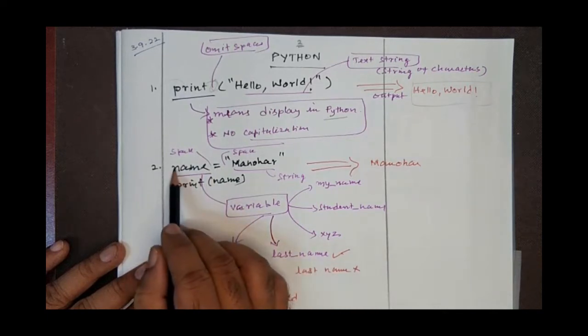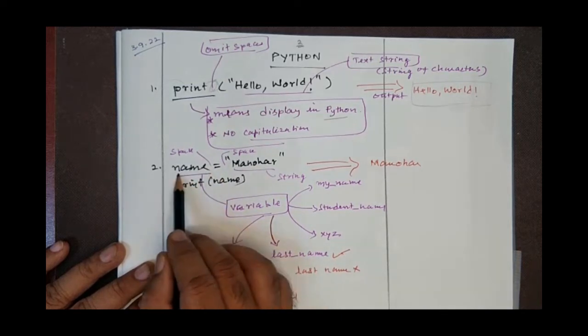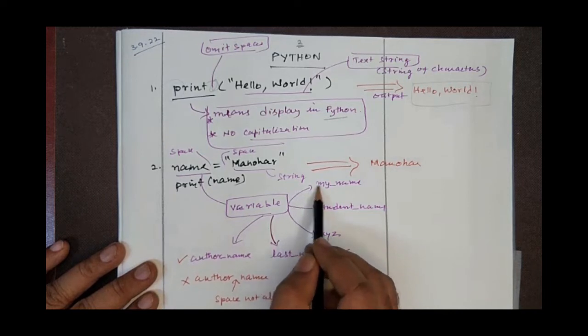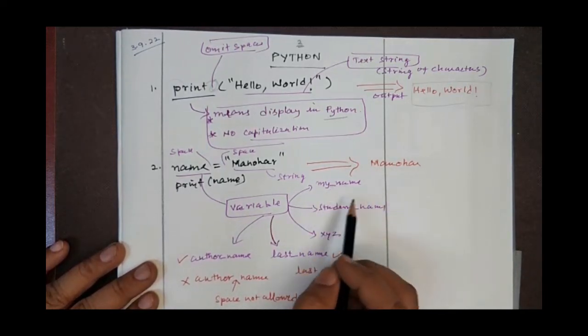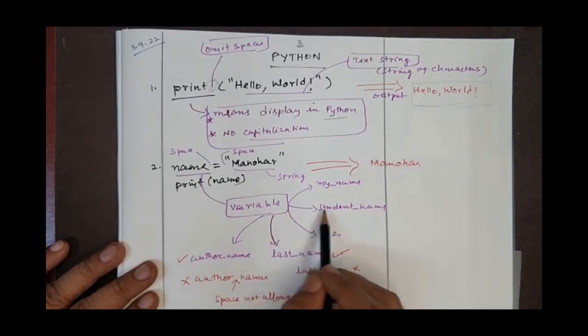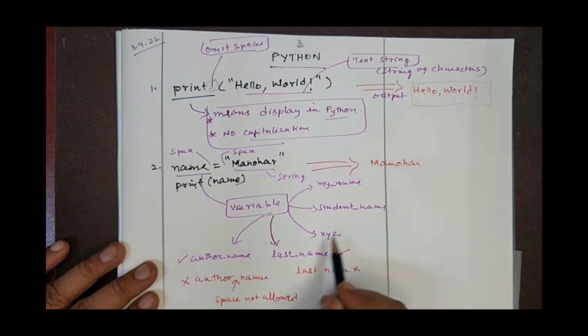For example, you can call it name, father's name, son's name. When you put my name, you should not leave any space. You can put an underscore here. Similarly, the variable can be student underscore name, or last name, or author name, etc.